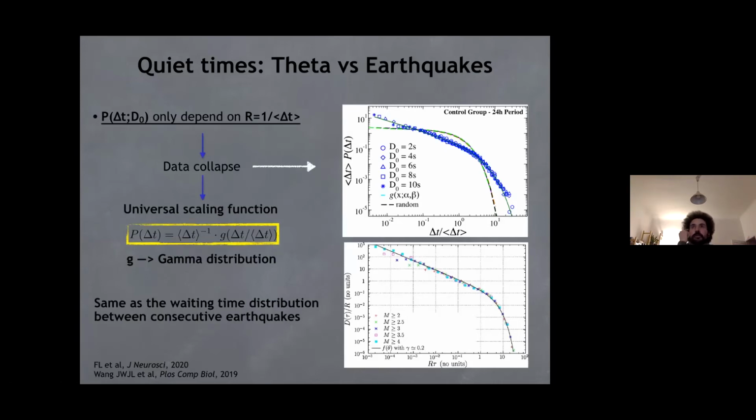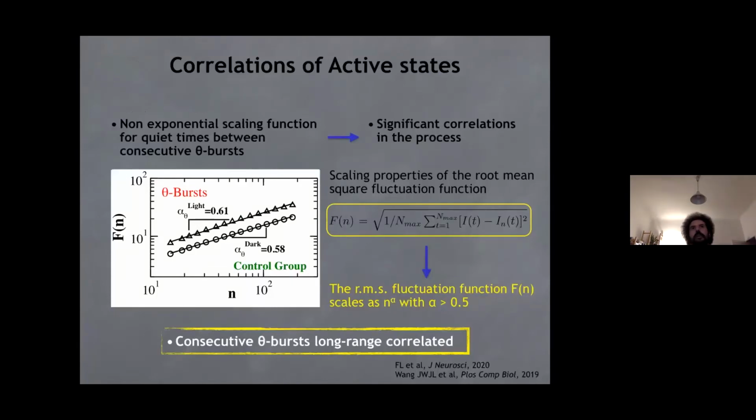Now, I would like to note that since the scaling function is not an exponential, already this is evidence that consecutive theta bursts are significantly correlated. So what we find is that they are not only correlated, but actually that we have long-range correlation between consecutive theta bursts.